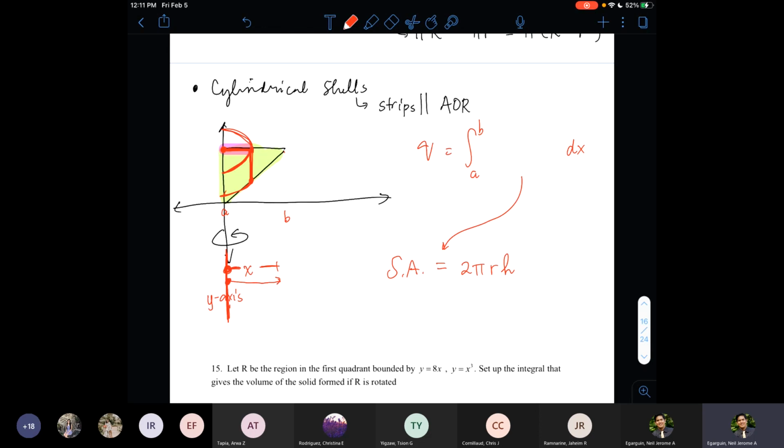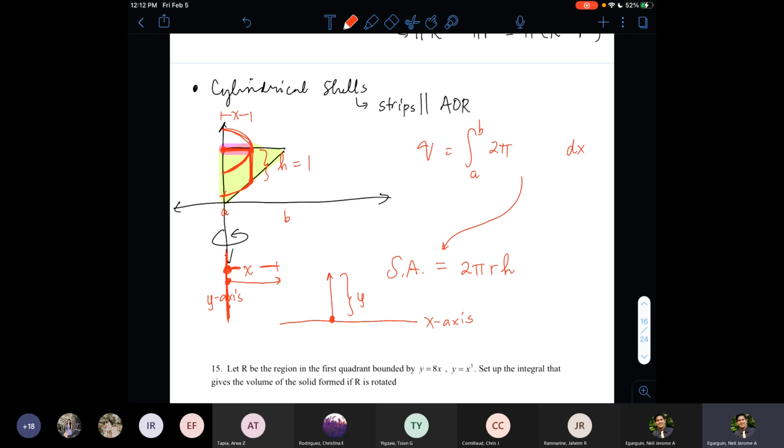On the other hand, if you are measuring something from the x-axis upward, that will always be y units. So in this particular case, my radius would be x units. And then the height would be the height of the vertical strip.